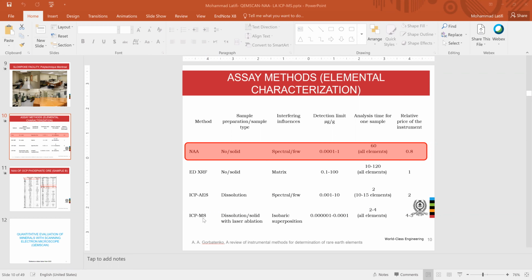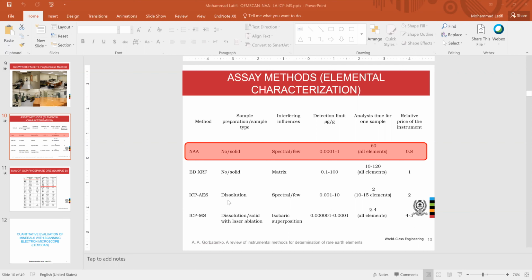For example, with NAA and XRF, you can analyze your samples in solid form, but with ICP, you have to dissolve your solid sample into acid, and at the end, you should use a liquid sample for ICP analysis.